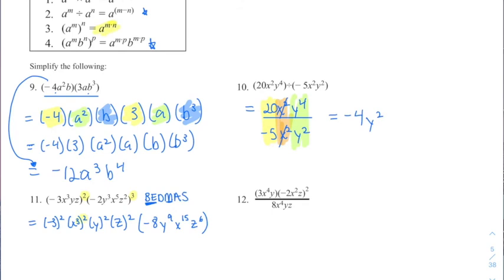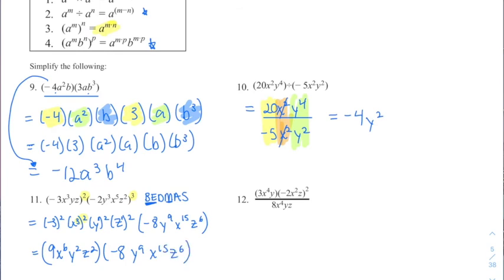Okay, so I know when I have a power of a power, I just multiply the powers together. So negative 3 squared is 9, x to the 6, y squared, because there's actually a 1 there and a 1 there, z squared, negative 8, y to the 9, x to the 15, z to the 6.